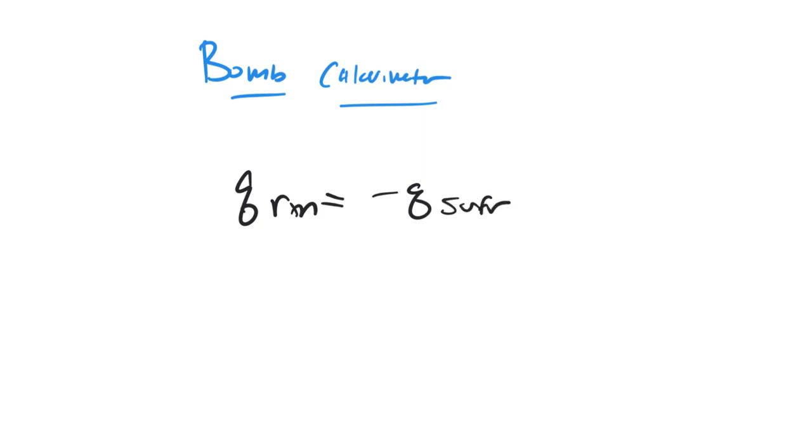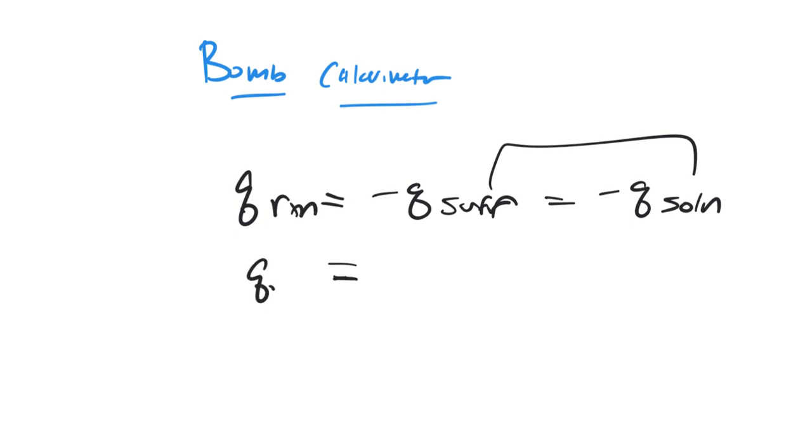So Q system is negative Q surroundings, and the surroundings is the solution that the reaction is taking place in. So you end up describing your Q reaction as a negative mCs delta T for the solution. There are a couple of examples that we work on later in this packet today.